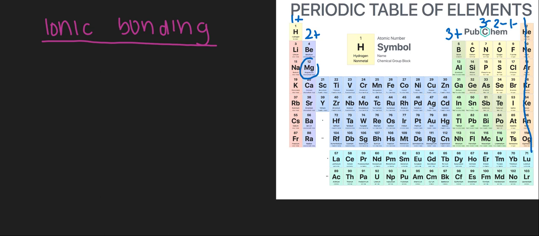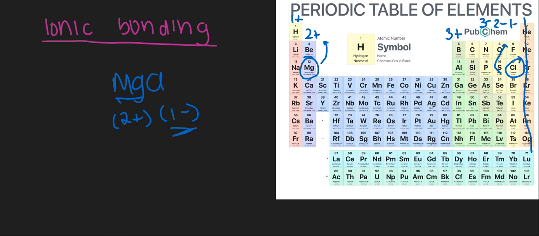So for example, let's say we have magnesium and chlorine instead. Now you notice that this one's a 2 plus charge while this is a 1 minus charge. So you can't just say MgCl like we did last time. That doesn't work because this is a 2 plus and this is a 1 minus. So instead, just do some basic math here.